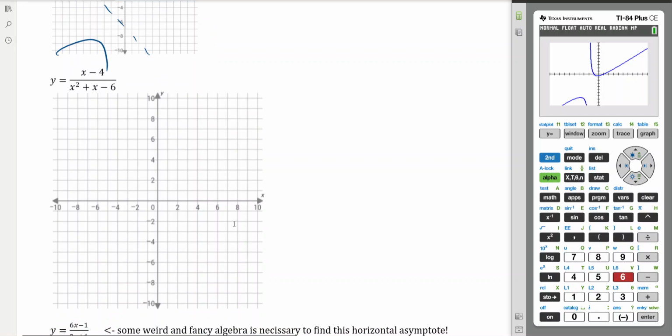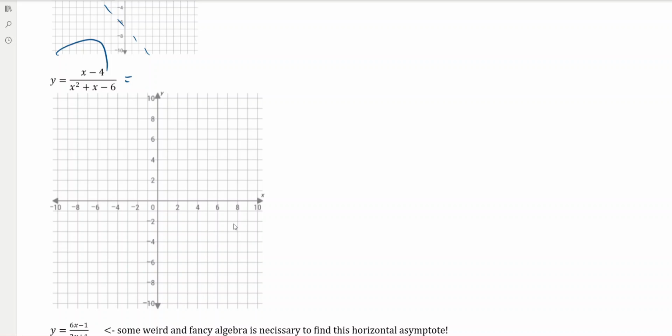Okay, in this case, we actually have a higher degree on the bottom than on the top, so let's go ahead and factor that out, because we always need to factor first. So we have positive 3 and negative 2, and we have x minus 4 on top.